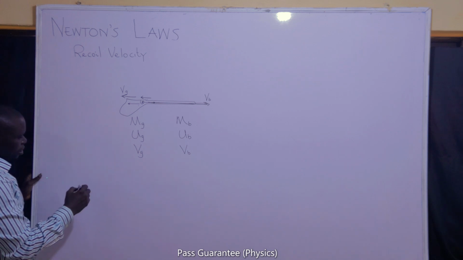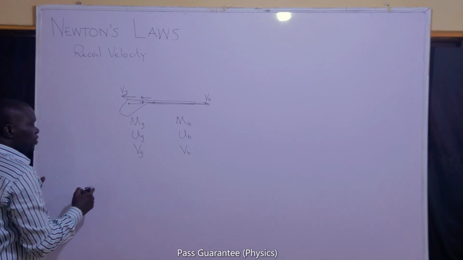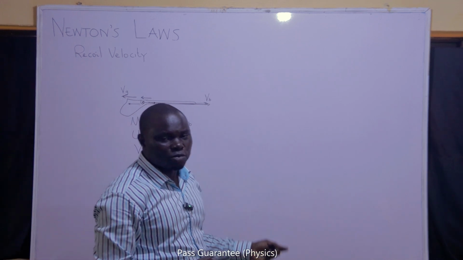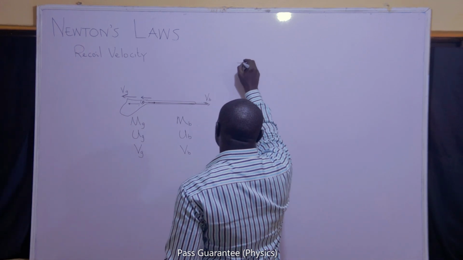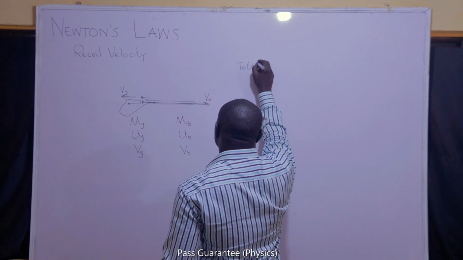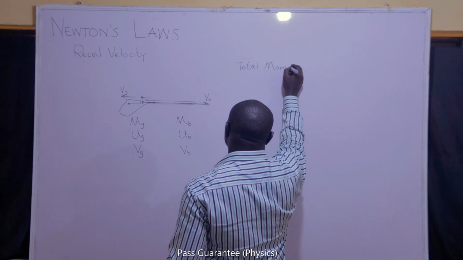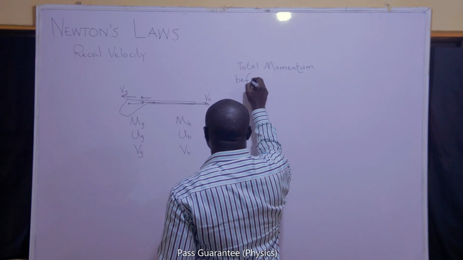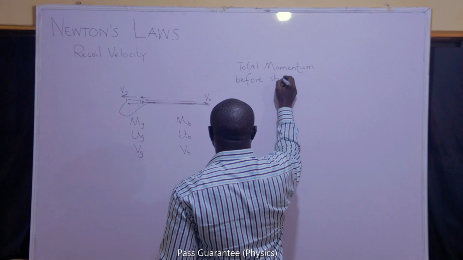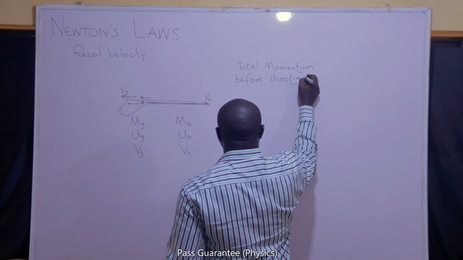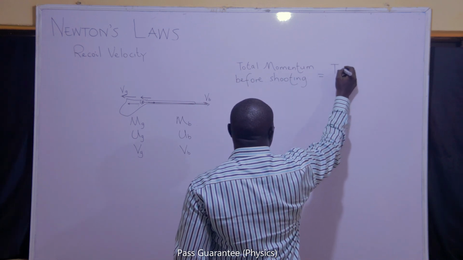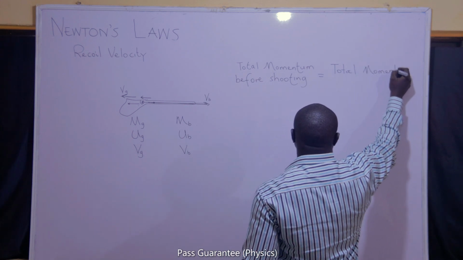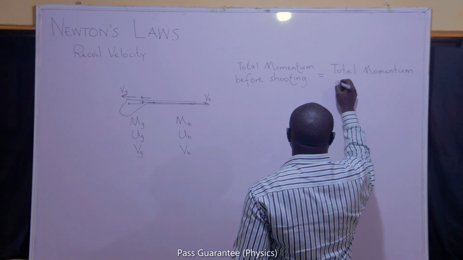If we use the momentum conservation theory to write an expression for this, we'll say that the total momentum before shooting must be equal to the total momentum of the gun and bullet after shooting.